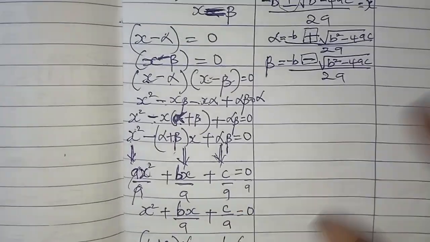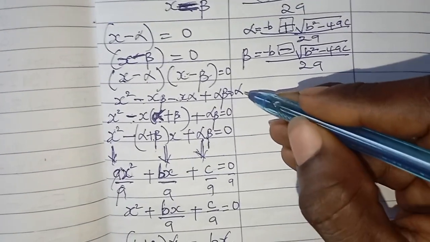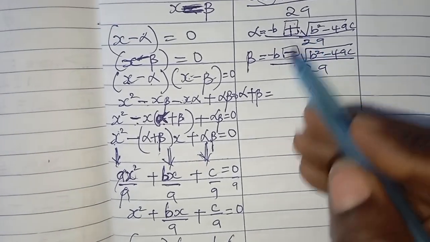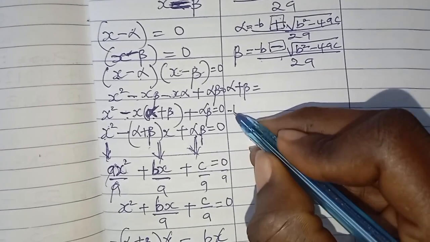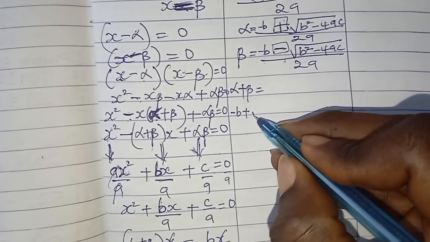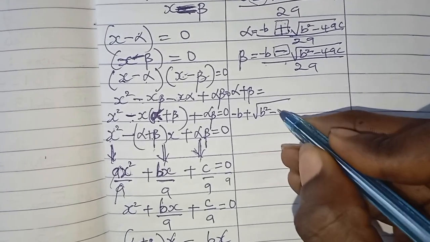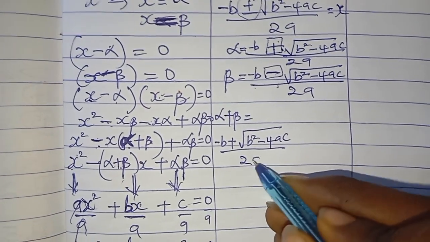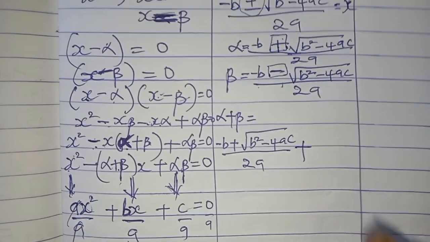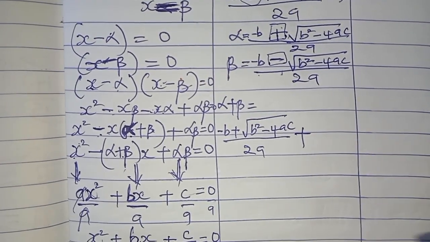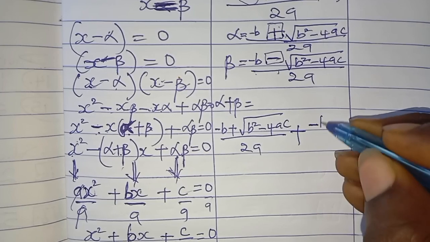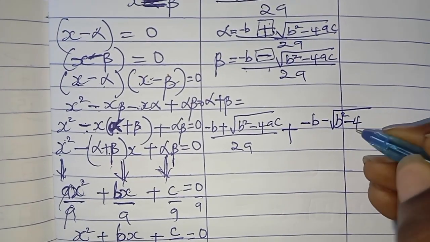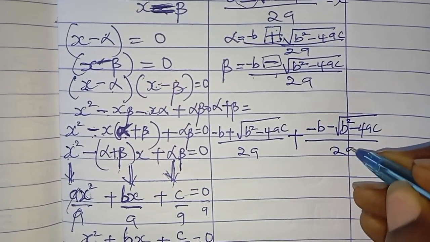So the sum, that is alpha plus beta, is simply going to be equal to adding up these two things: minus b plus root b squared minus 4ac all over 2a, plus minus b minus root b squared minus 4ac all over 2a.